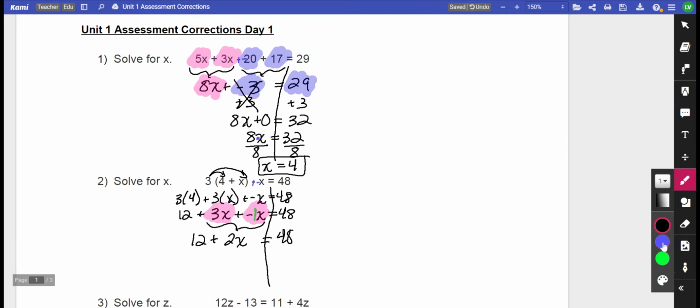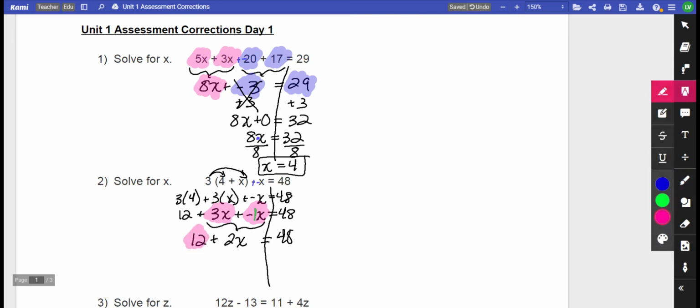Well, to figure out what other like terms I have, I'm going to go in and highlight my constants of 12 and 48.